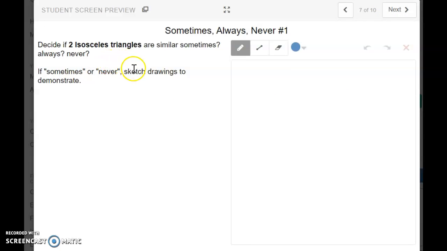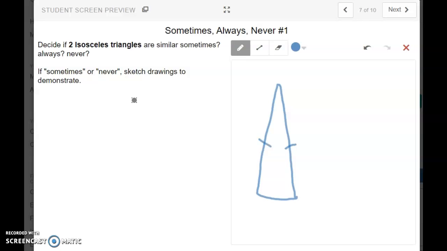Then card number 7. Decide if two isosceles triangles are similar: sometimes, always, or never. If sometimes or never, sketch the drawings to demonstrate. So we're trying to come up with counterexamples. Okay, so look at this triangle. It's not a very nice triangle, but let's say this is an isosceles triangle.